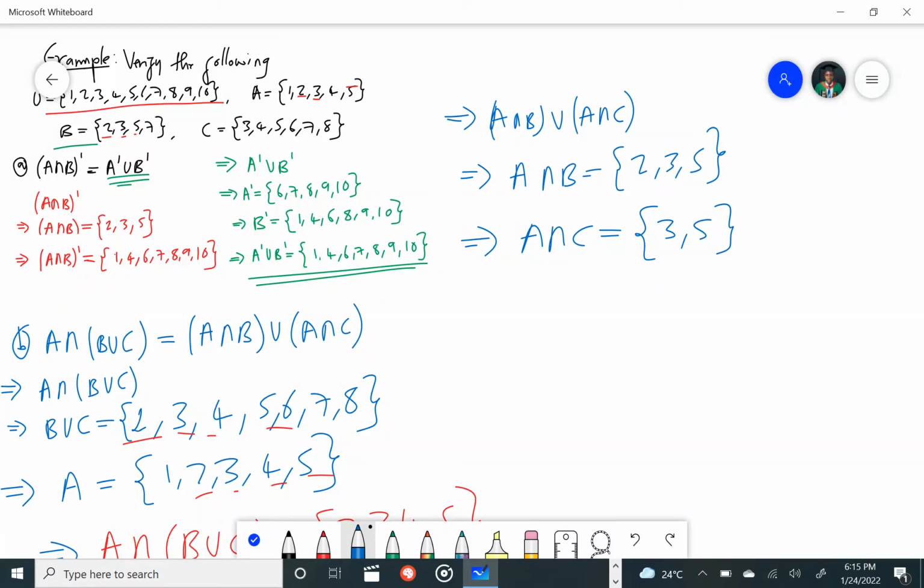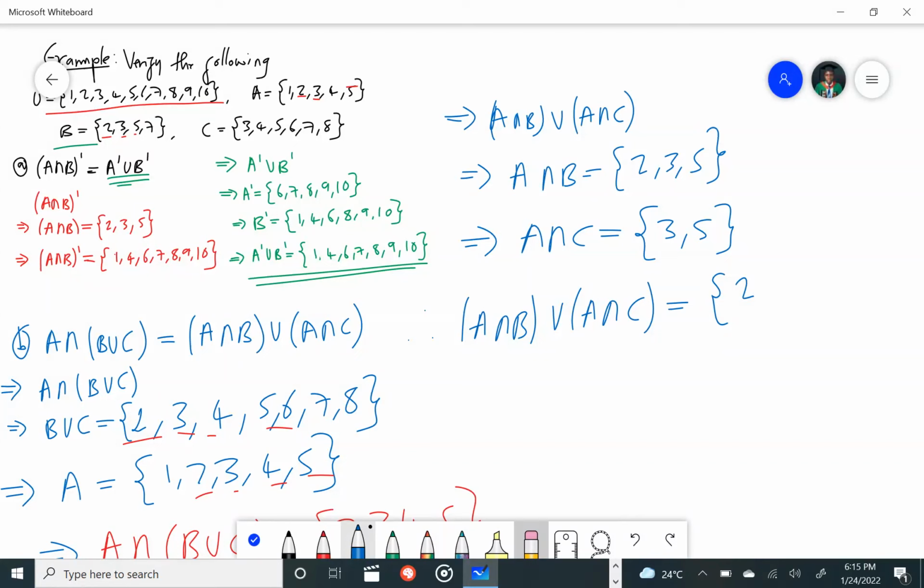Since it's saying union, we're saying A intersection B union A intersection C, so adding what we have above. Oh, sorry, pardon me. A intersection C, there is 4 as well.